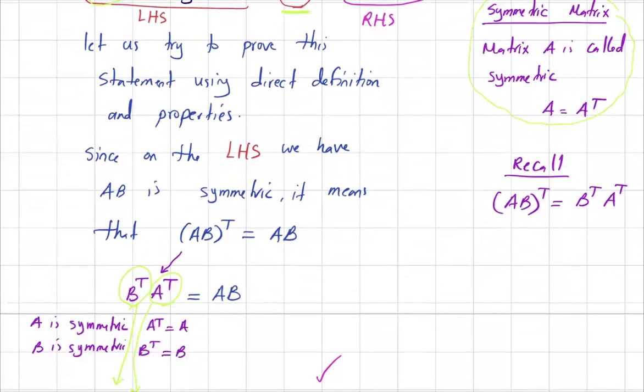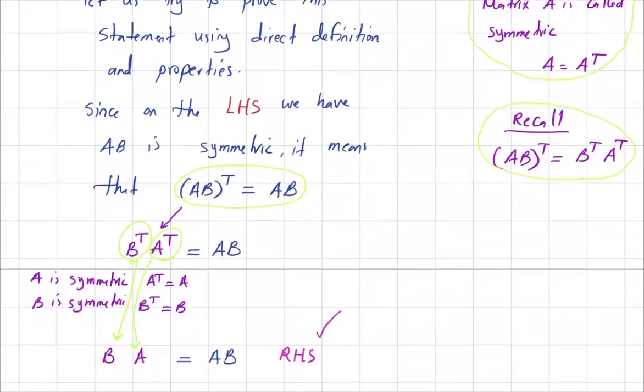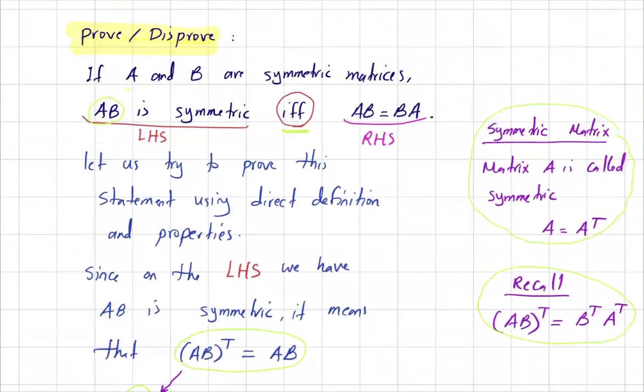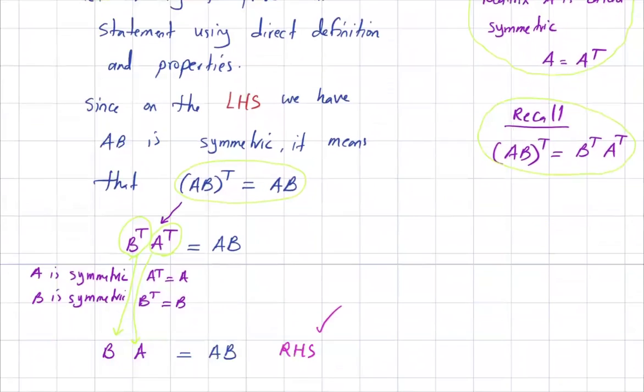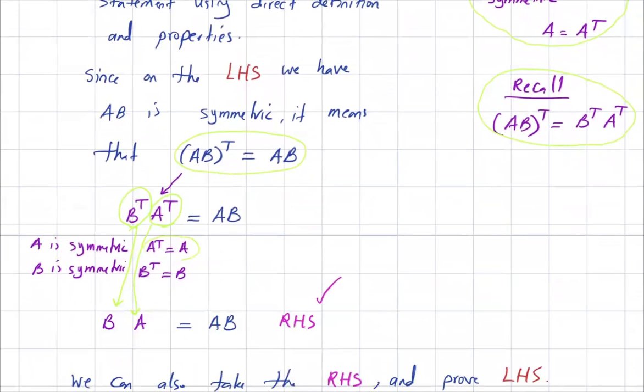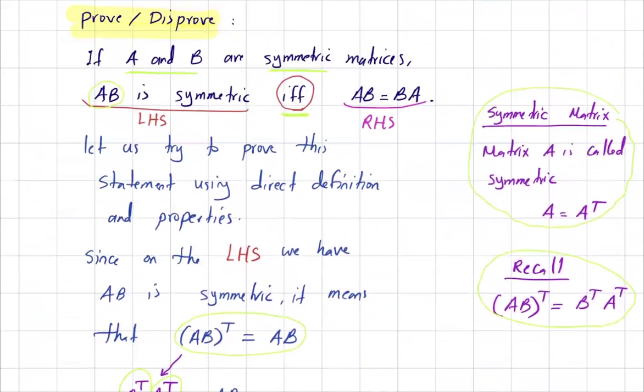It means that the transpose of AB is equal to AB. But using the properties of the transpose, the transpose of AB is the transpose of B times the transpose of A. But from the statement, we know that A and B are both symmetric matrices. It means that the transpose of A is equal to A and the transpose of B is equal to B. So BA is equal to AB on the right-hand side. Well, this is basically the right-hand side quantity that you're trying to prove.